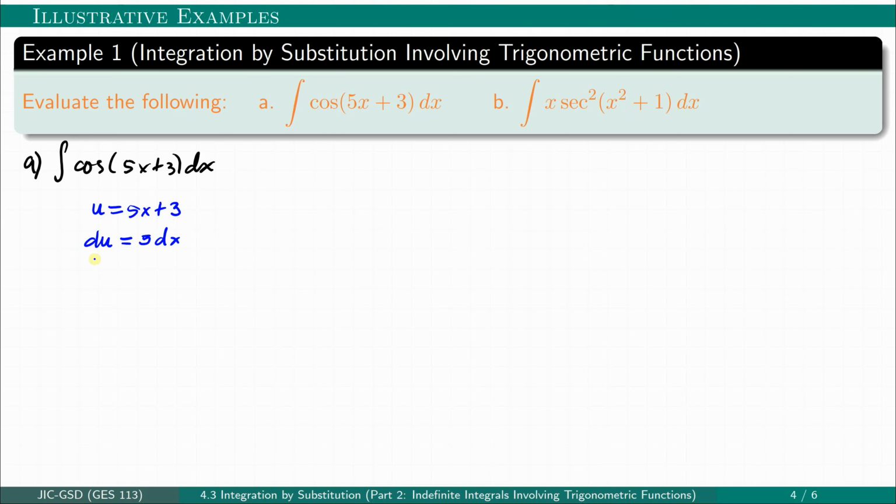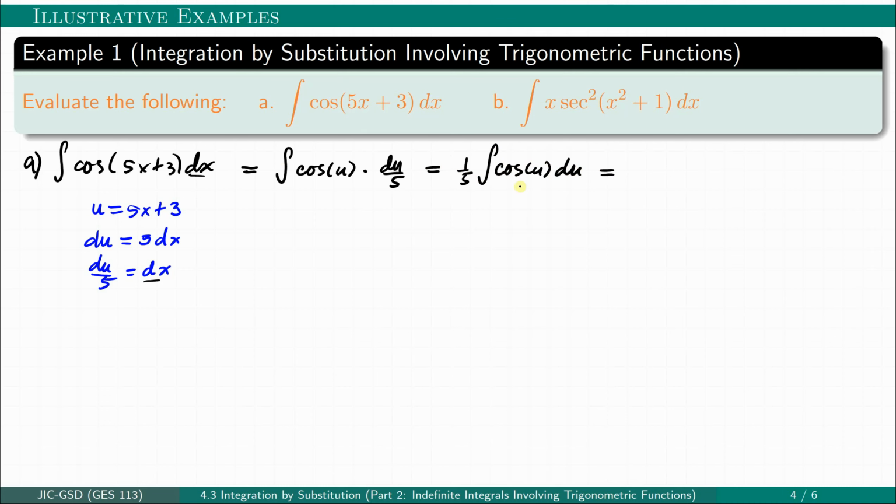But we do not need the 5, so we just divide by 5 both sides. So this will be dx equals du over 5. Using this substitution, we can rewrite our integral as cosine u, where dx is now replaced by du over 5.